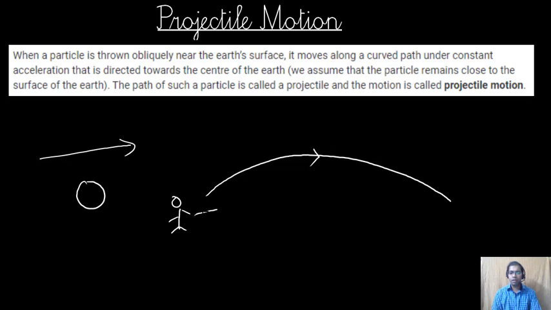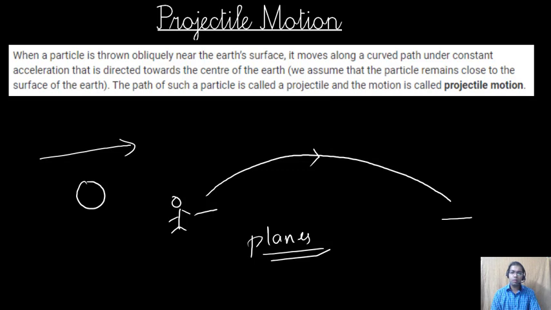In cricket, when the person hits a 6, we know that it has to reach the boundary, and the boundary is nowhere close to the batsman. So as the ball travels, it travels in a curved path. Even if we take planes, when we travel using aeroplanes or jets, they travel in this curved path. And this path is called a projectile.